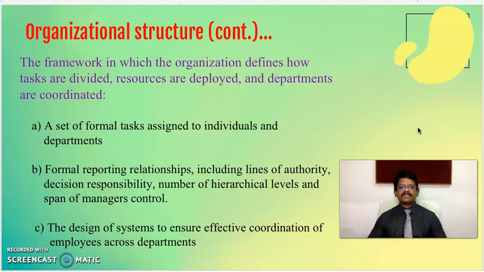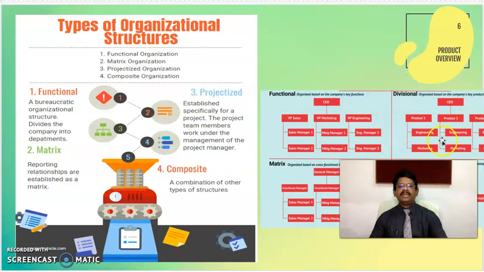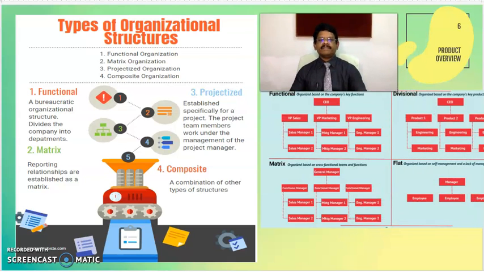All these are clearly specified in the structure. And further, it is the design of the system to ensure effective coordination of employees across the departments. When we are dividing and making departments and divisions, we again have to develop the networking and design the coordination, how they all work together and progress in such a way that all are working towards the common goal, the achievement of the organizational objective. So with that, let us see how many different types of organizational structures there are, right?